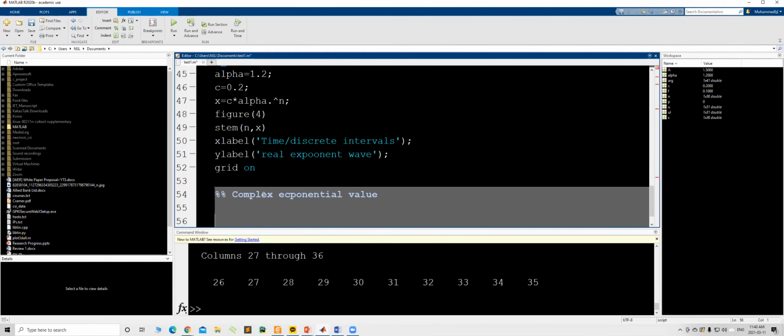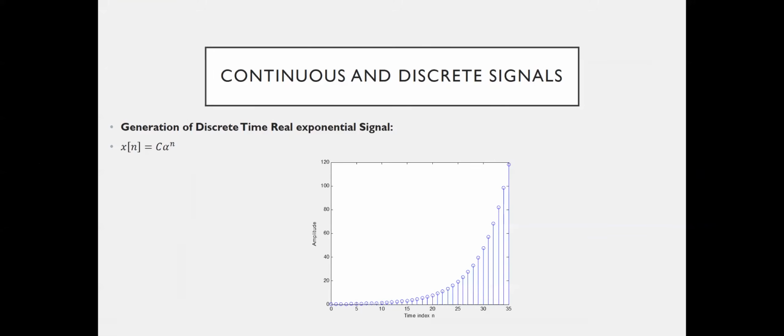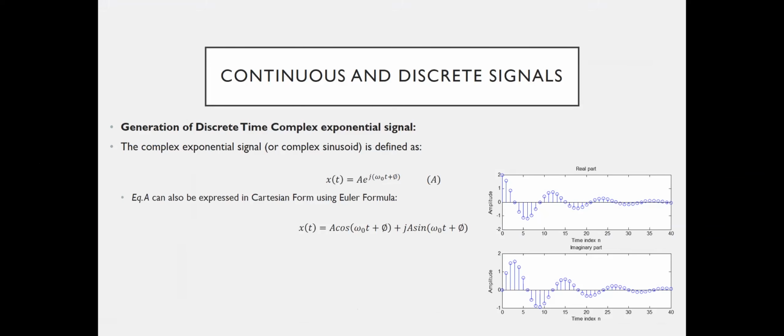For the complex exponential value, let me show you here. The signal has the amplitude, then your exponent to the power of this one. But if you write this in the Euler form, you can split it into two components, the cos component and the sine component. The sine component is the complex part of the signal, denoted by iota.